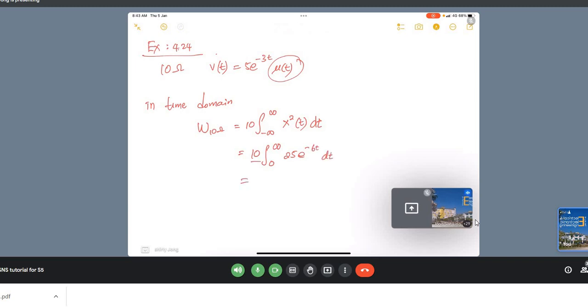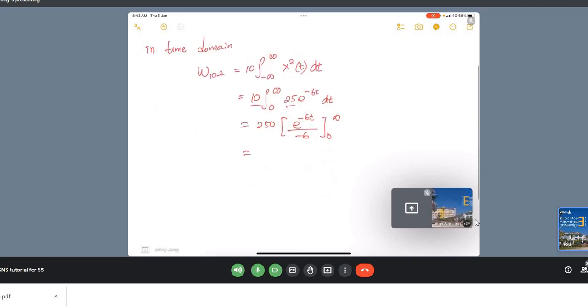So 10 times 25 you get 250, and then you integrate the exponential of negative 6t, which gives you division by negative 6, from 0 to infinity. Therefore you get 250 divided by 6.